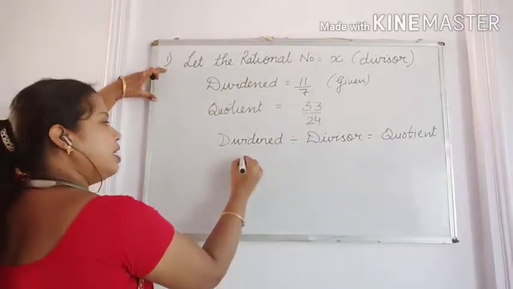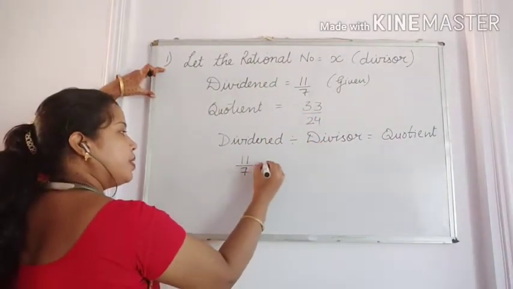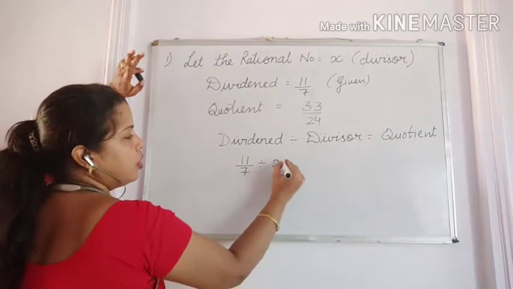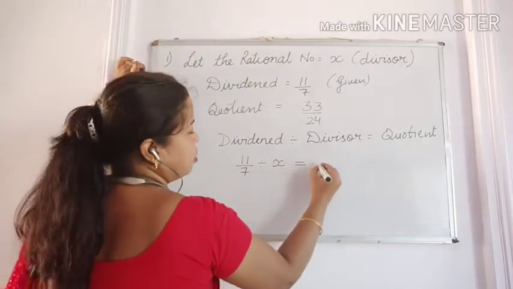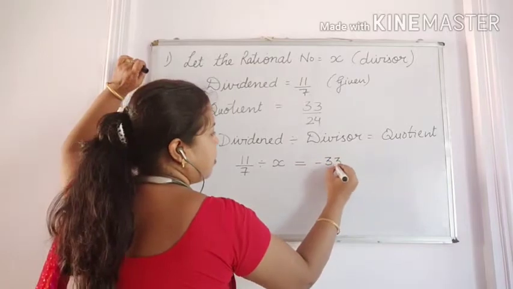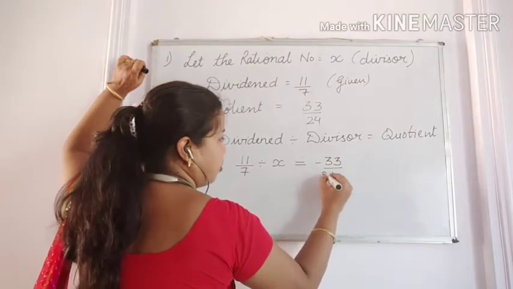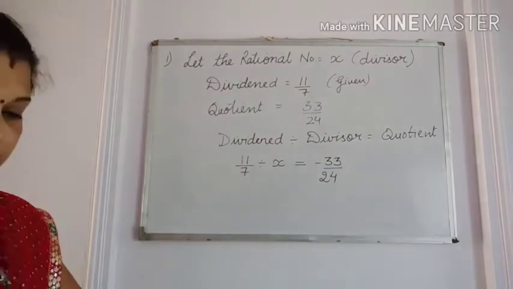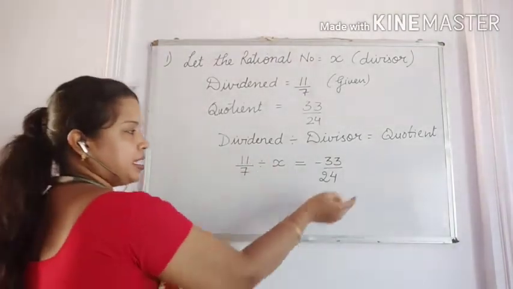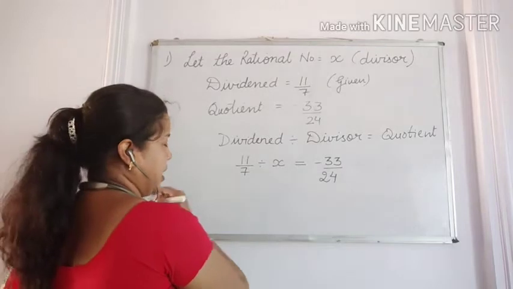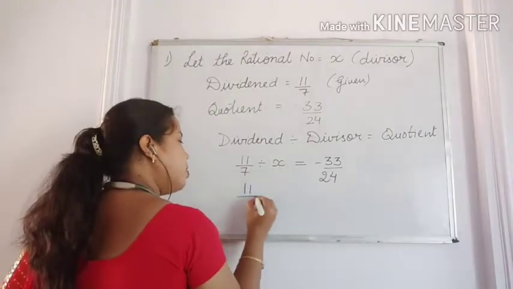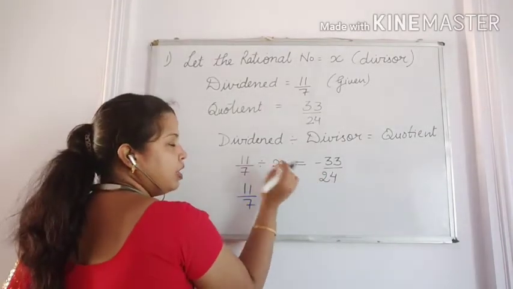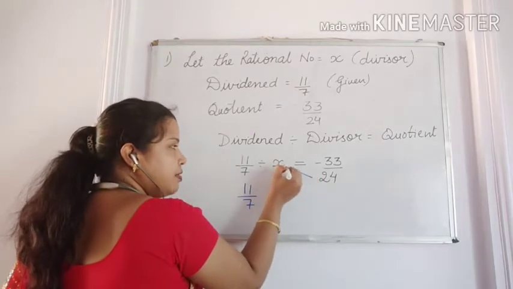Dividend is here 11 upon 7, divisor we don't know, x, is equal to minus 33 upon 24. What we will do, we will shift x there and take this value this side.